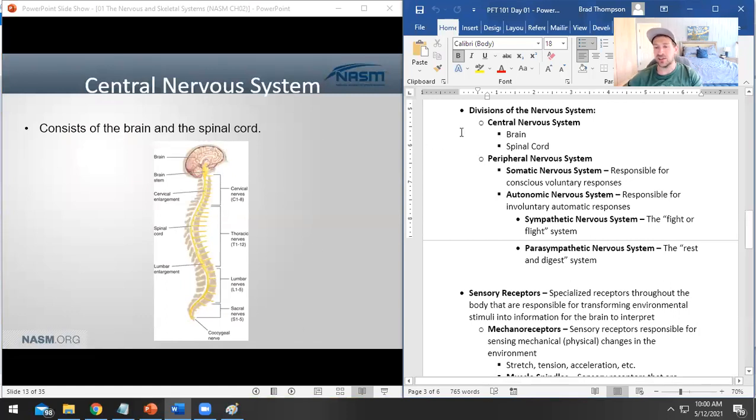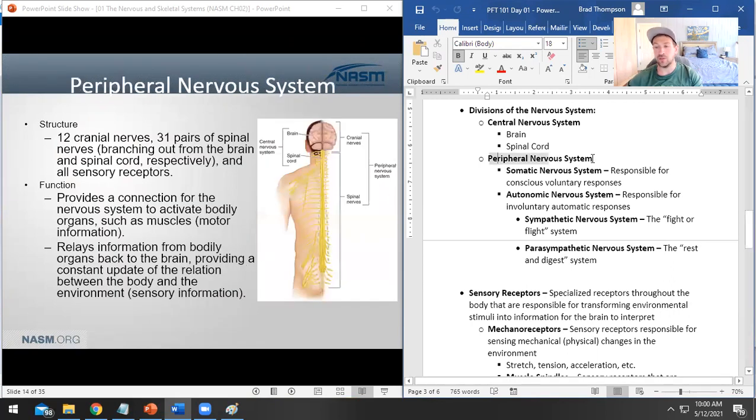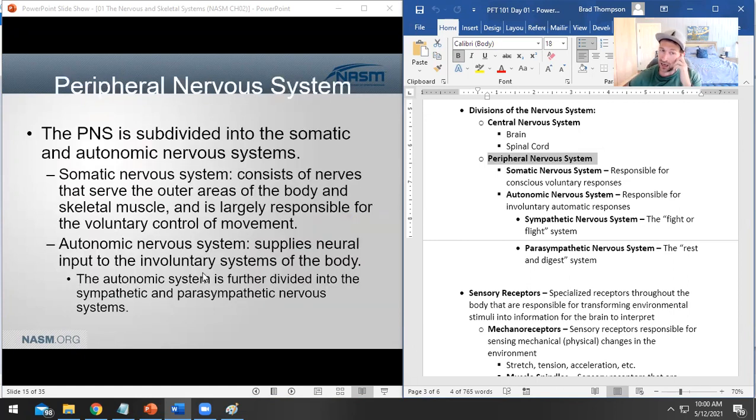So again, the central nervous system, that is your brain and your spinal cord. Your peripheral nervous system is all of the peripheral nerves that branch out from that spinal cord, and its job is to activate muscles and also gather information in order to get it to the brain. Now, that is going to divide into two primary divisions, right?